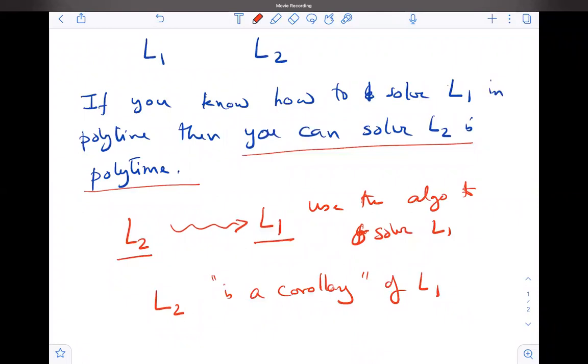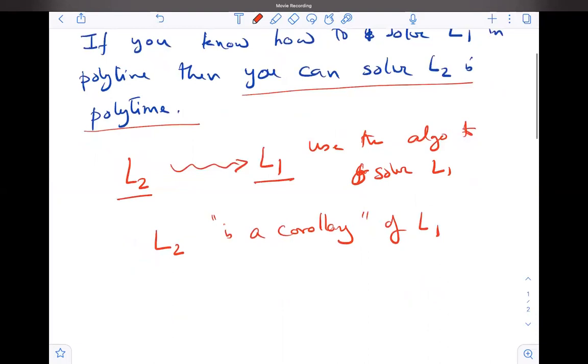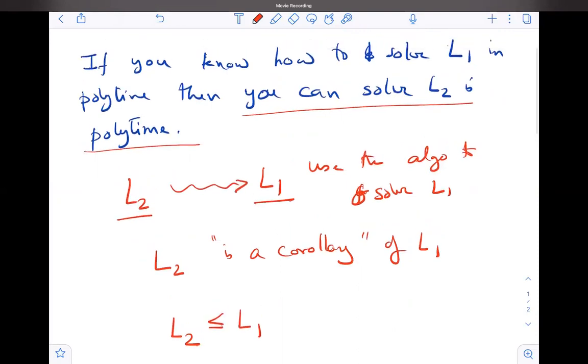So in some sense, what is happening is that L2 therefore is easier than L1. So this is how we will note it.